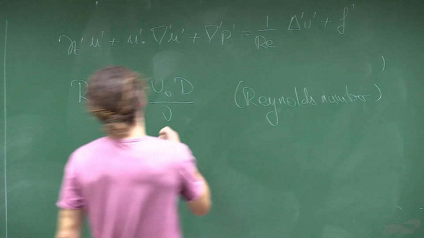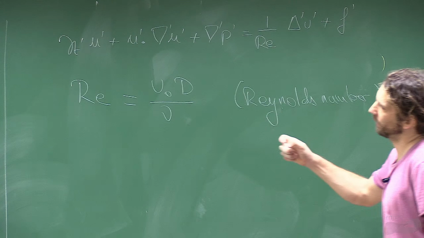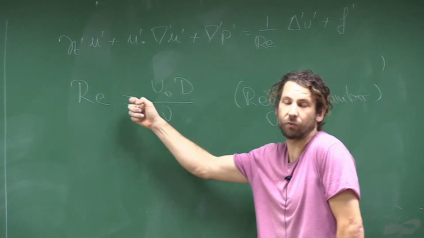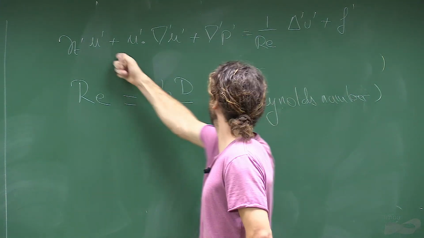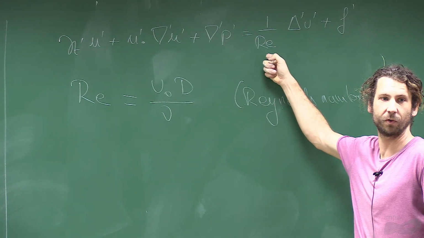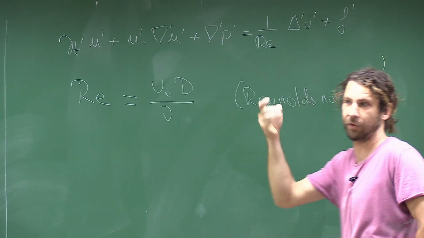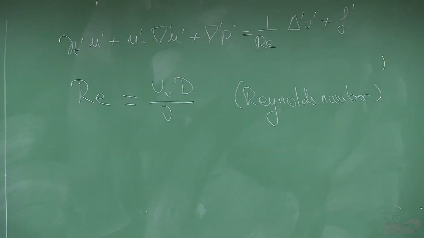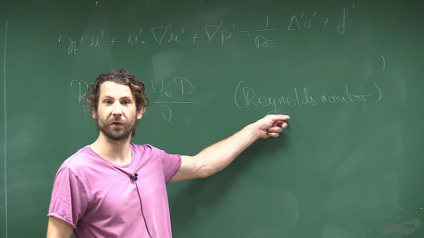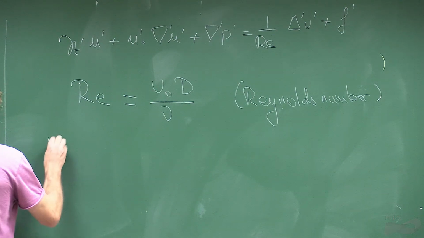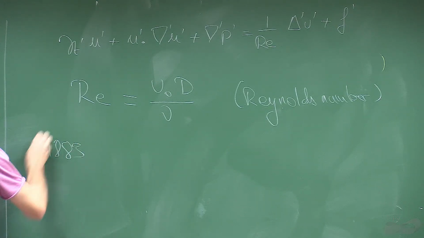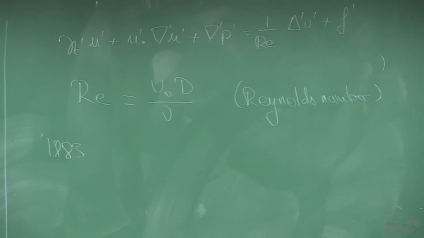Basically, this rescaling is also one of the first pieces of evidence as to why this equation might be interesting in the limit where this number becomes large. It was observed by the physicist who gave his name to this number, Reynolds, in an experiment which dates back to 1883.